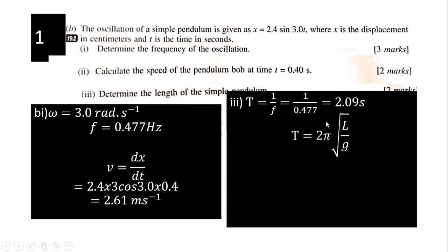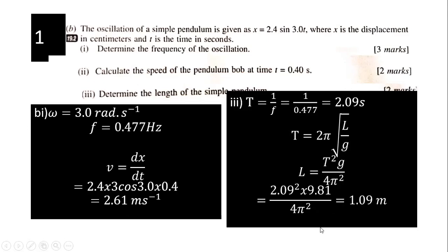Then there's the equation, depending on how you memorize it. If you memorize it in terms of omega, then you can use omega straight away. T equals 2 pi root L over g. You want to find L, so you square that. T squared equals 4 pi squared L over g. Then g goes to the top there. Put in your value. 1.09 meter.